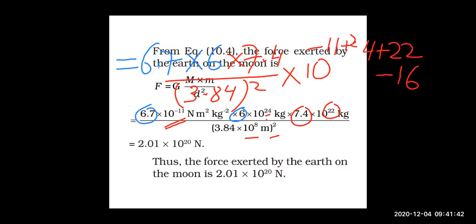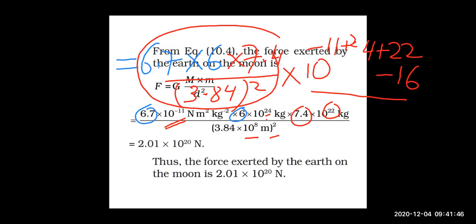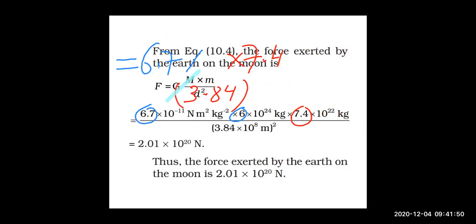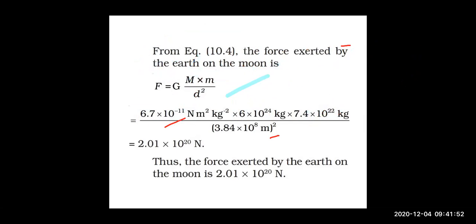Right children? So you can multiply and divide this, and finally, children, your answer will come to 2.01 into 10 to the power 20 Newton. Thus, this is the force that is exerted by Earth on the moon. Right, children?